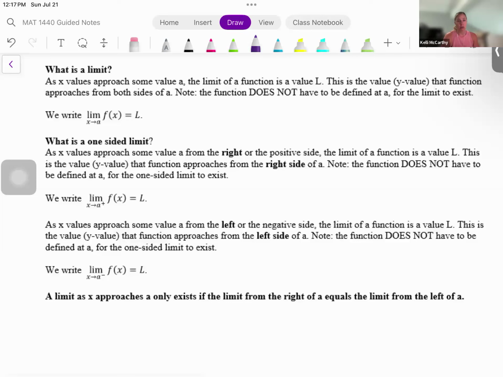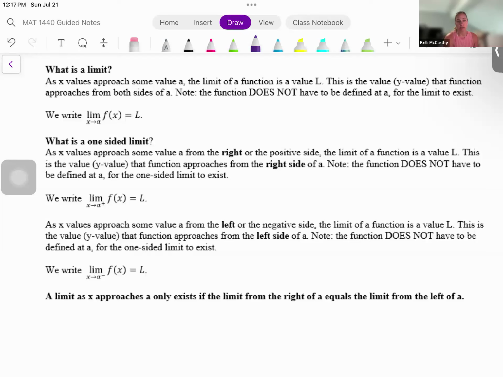Now we also have one-sided limits. What we were just referring to, generically the limit, we are thinking about approaching that value of a from both sides, from the left and from the right. A one-sided limit allows us to approach some value of a from the left or the right side.